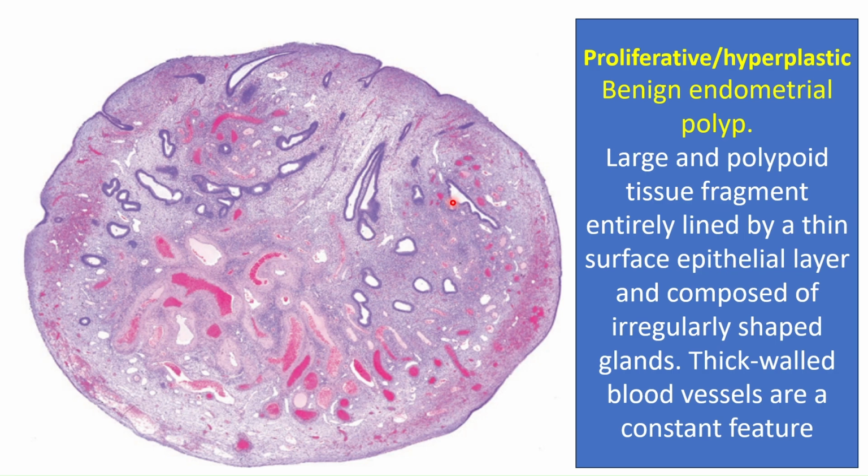Some of them are round, tubular in shape. If we see blood vessels, this is the hallmark feature. These are thick-walled blood vessels, showing congestion. So many thick-walled blood vessels and fibrotic stroma. Right. Some of the glands are showing proliferative activity. So this is called proliferative or hyperplastic endometrial polyp.